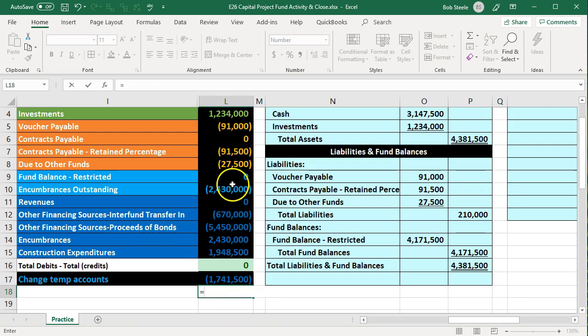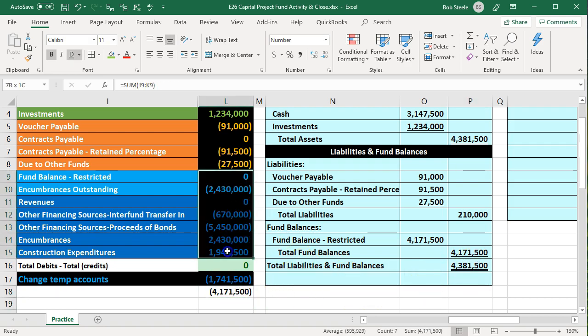It's going to be equal to this plus this plus this plus this plus this. And then we eliminate the two encumbrances, and we're going to get to that same number as if we just highlight the whole thing, because the debits and the credits of the encumbrances outstanding and the encumbrances go away.